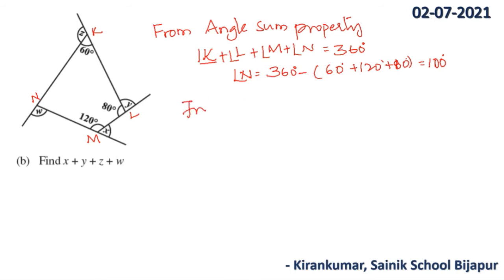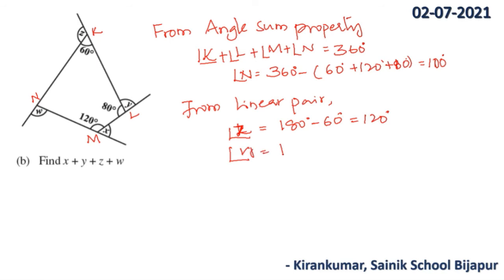From linear pair, we have angle Z will be 180 minus 60 degrees, which is 120 degrees. Angle Y will be 180 minus 80 degrees, which is 100 degrees.